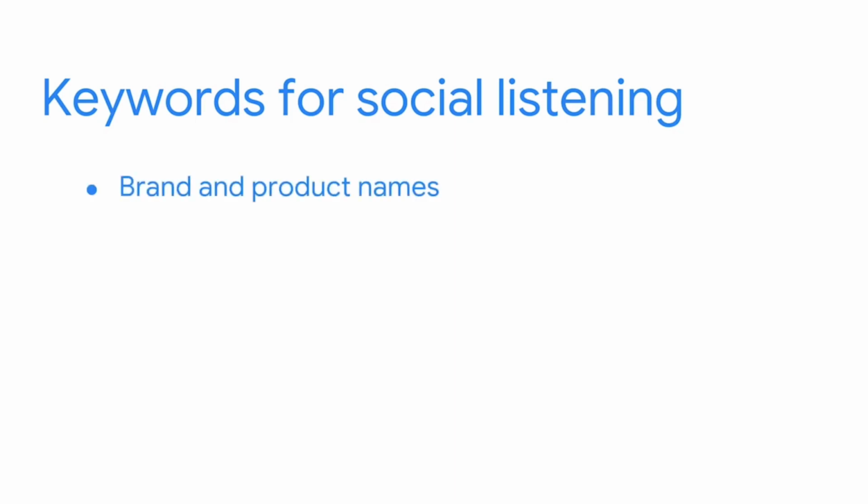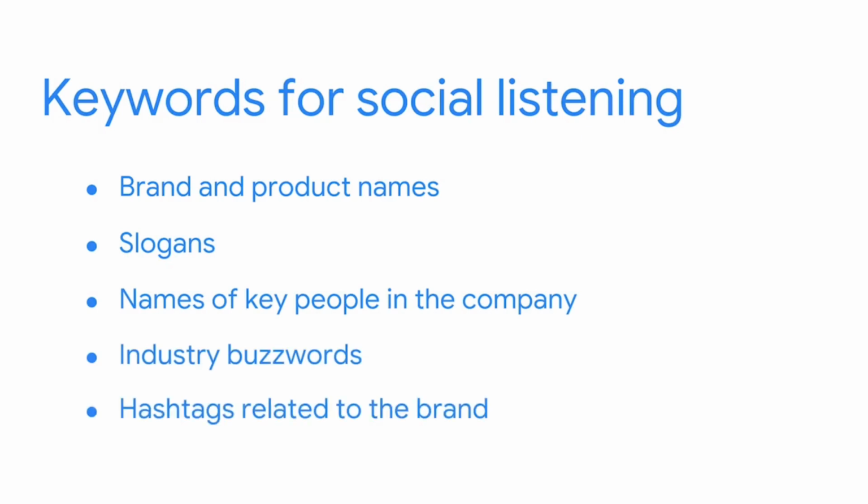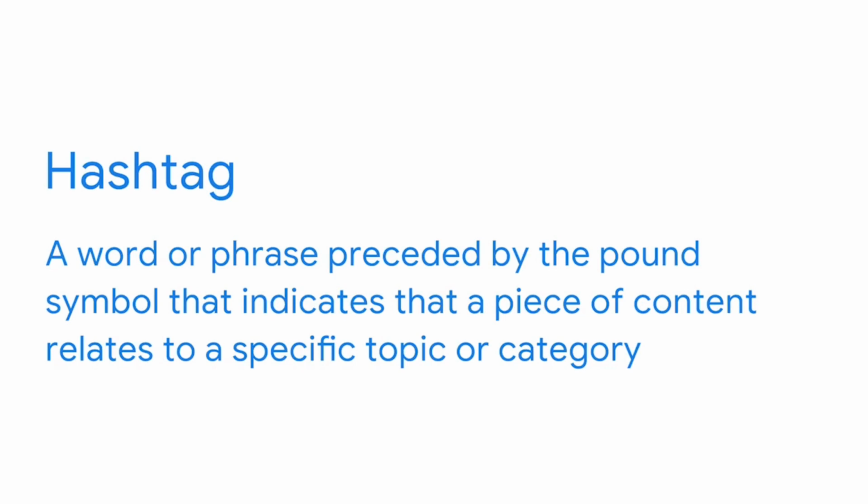Brand and product names include any variations or common misspellings. Slogans, names of key people in the company, industry buzzwords, hashtags related to the brand. A hashtag is a word or phrase preceded by the pound symbol that indicates that a piece of content relates to a specific topic or category.